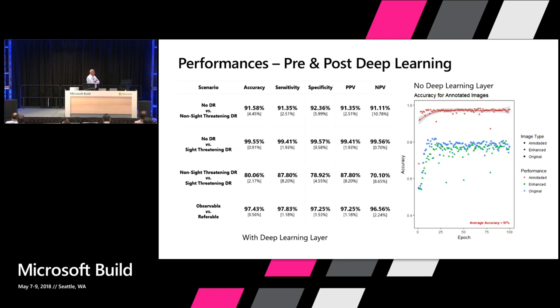But if you look at the second row, the classifier is very, very good at separating normal patients from patients having sight-threatening DR, meaning patients at the late stage of DR, severe and proliferative.